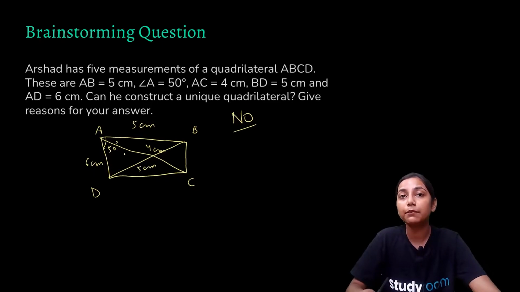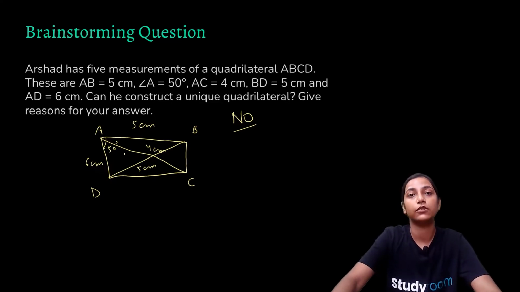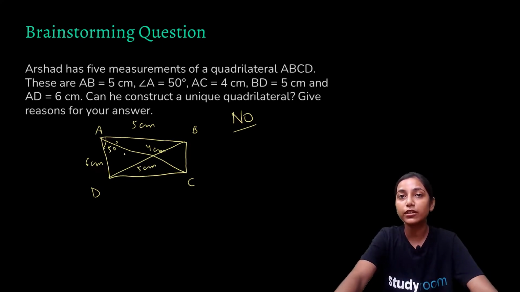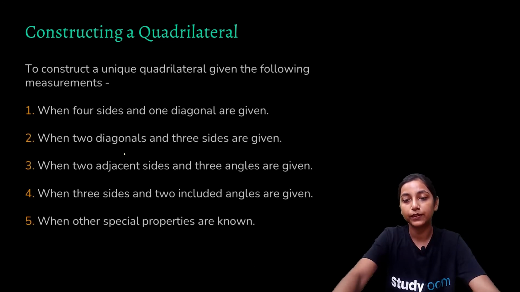You will be studying about these specific combinations in the next section, but the combination that is provided in this brainstorming question is not among all those specific combinations that are necessary in order to construct a unique quadrilateral.